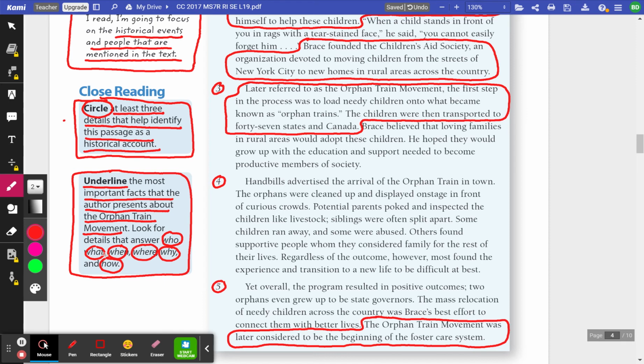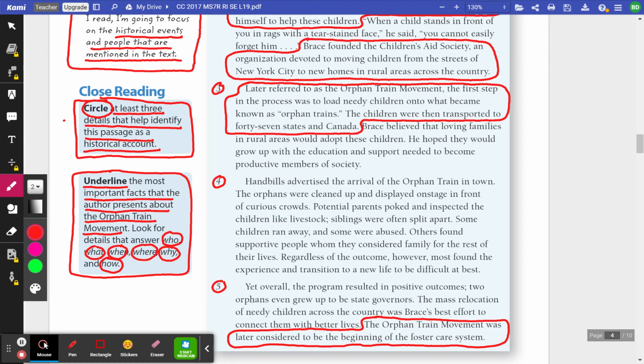We want those important facts that let us know about the orphan train movement, but we want to look for specific details that tell us who, so people, what, which would be information about the orphan train movement, when, so you're looking for dates when things occurred, where it all happened, why it happened, and how it happened or how it had an impact. So, those are the details that you're looking for.